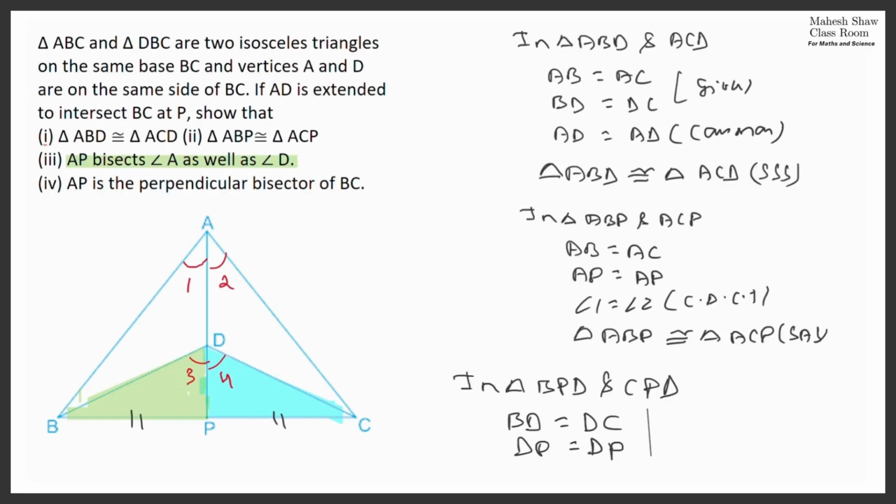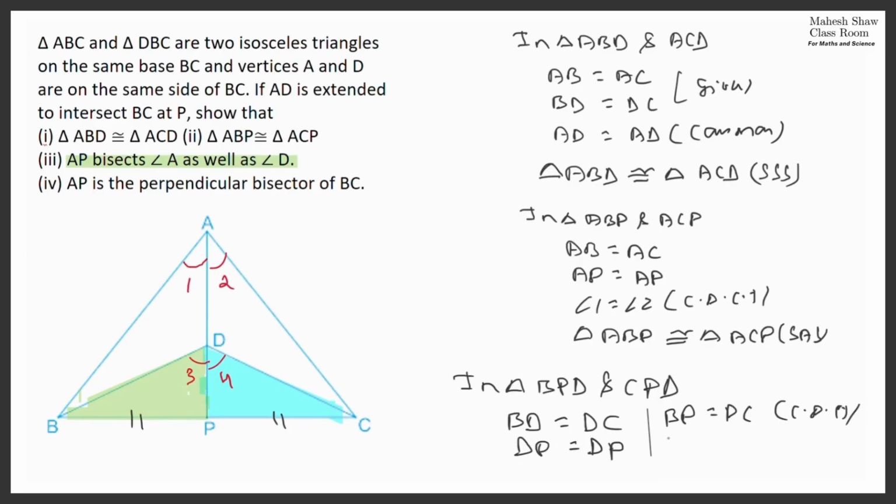We have proved this triangle congruent to this triangle, so we can write from CPCT that BP equals PC, corresponding parts of congruent triangles. So we'll write BP equals PC, and the reason is CPCT.